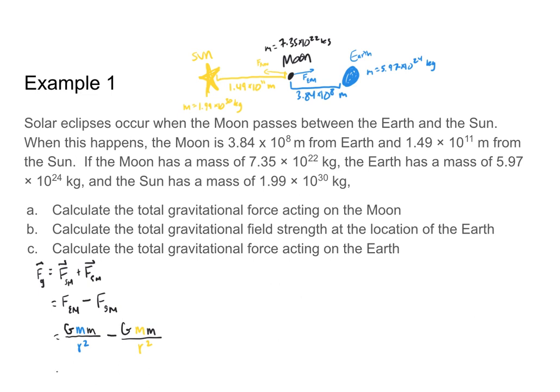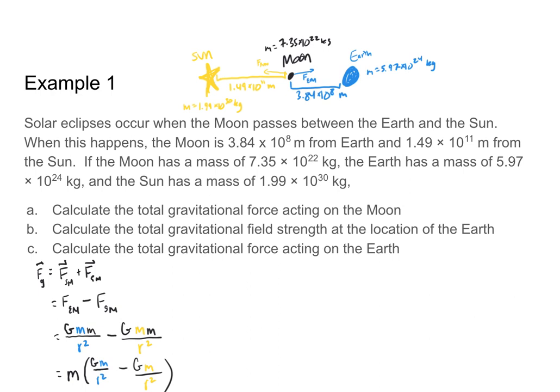In other words, this is equal to the mass of the moon times the gravitational field strength of the Earth at the position of the moon, so at the distance that the moon is away from the Earth, minus the gravitational field strength of the sun at its distance from the moon.